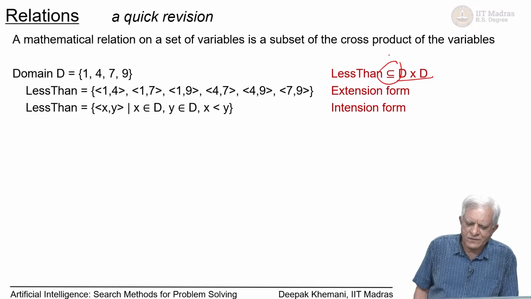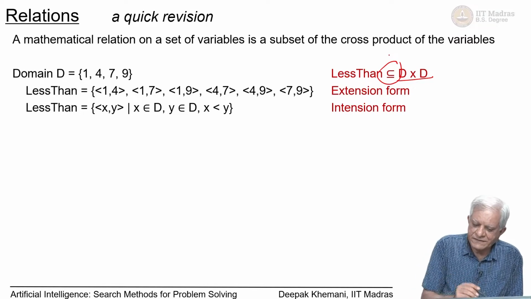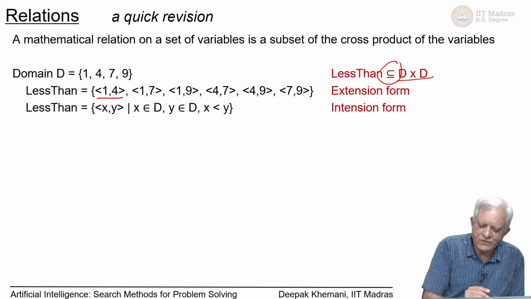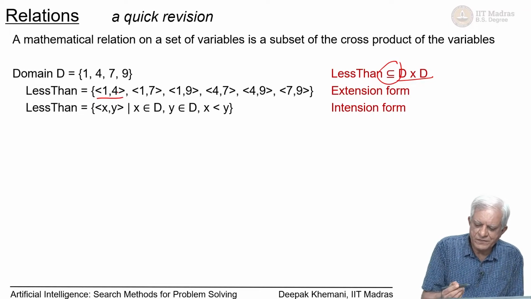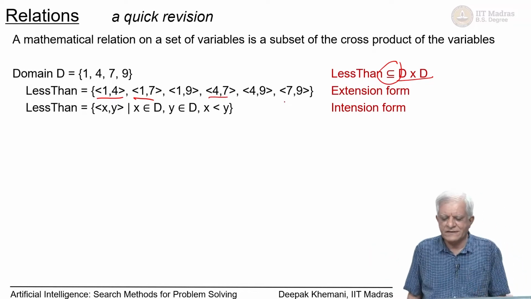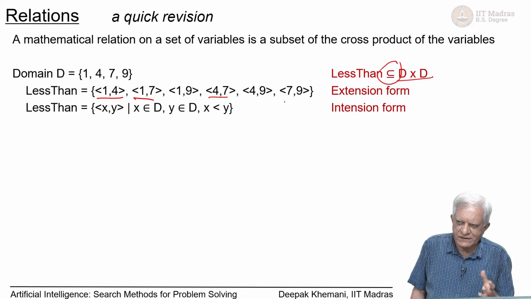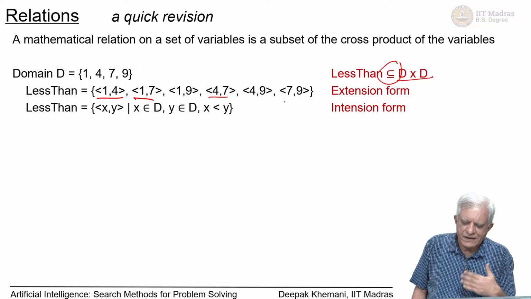In the extension form, you can see that the subsets which satisfy this relation are, for example, 1 and 4, because 1 is less than 4, and 1 and 7, and likewise 4 and 7, and all the things which are like this. This form of representing it as a set is known as the extension form, and we will essentially try to use them in our algorithms.